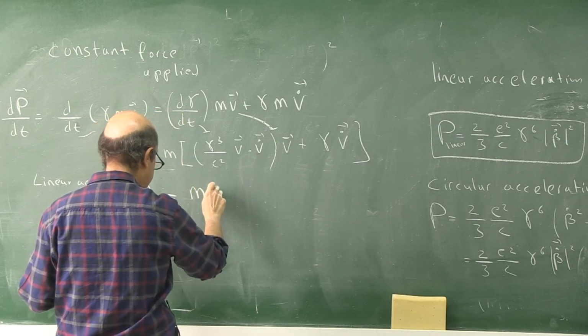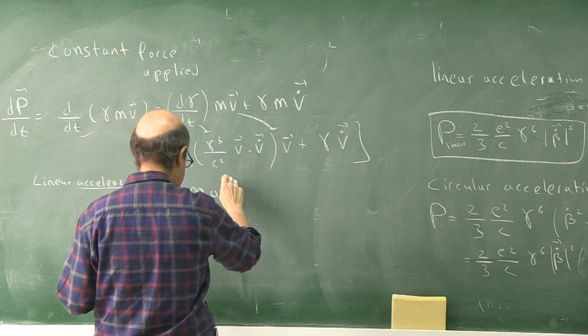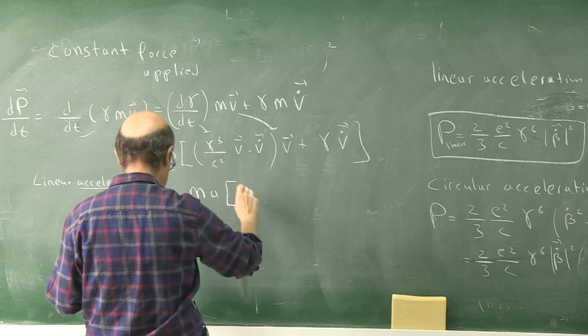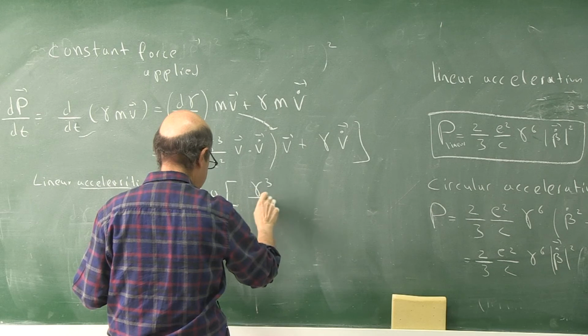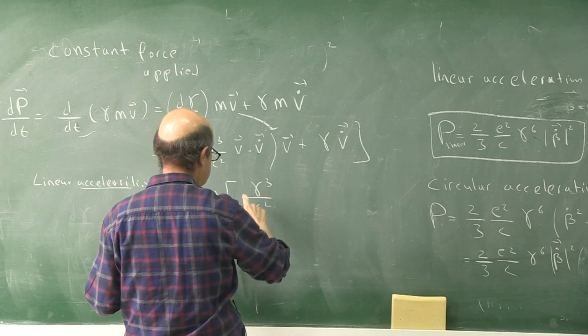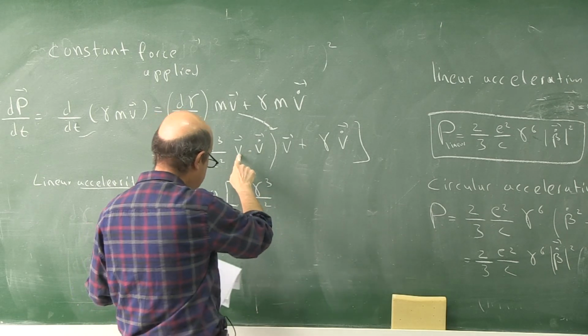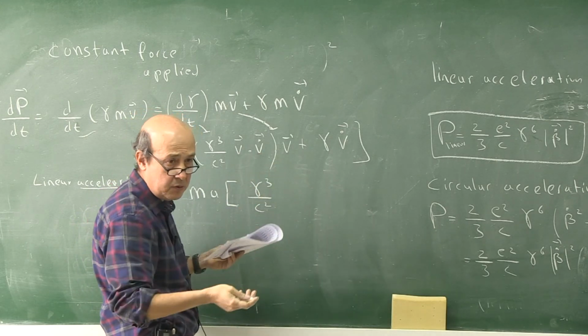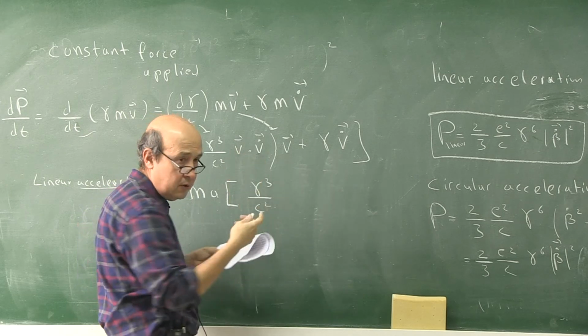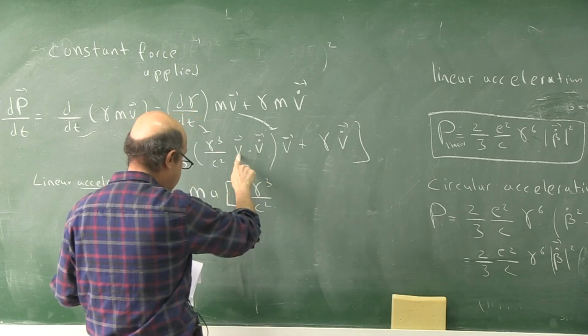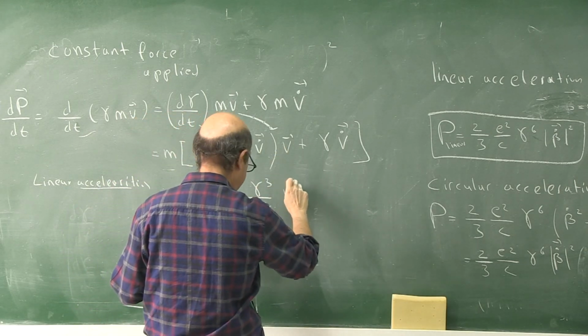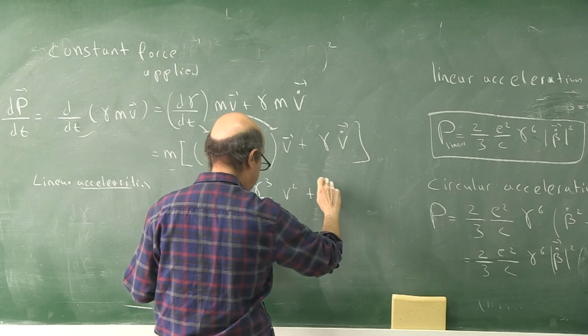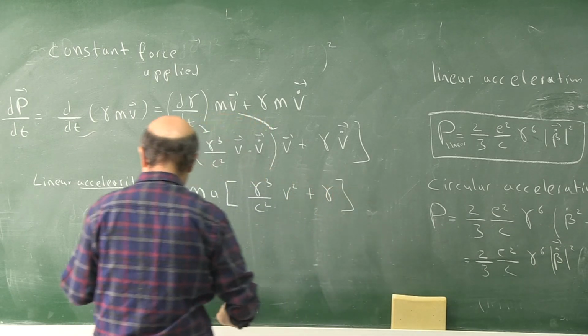Taking m times the acceleration in parentheses, you obtain gamma cubed over c squared. What is left is v times v, and they are one dimensional, so we don't need a vector sign here. So this is v squared, and that is gamma.